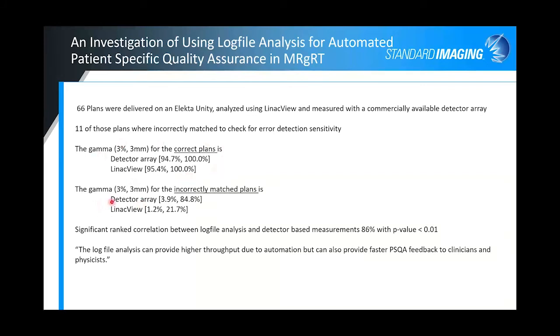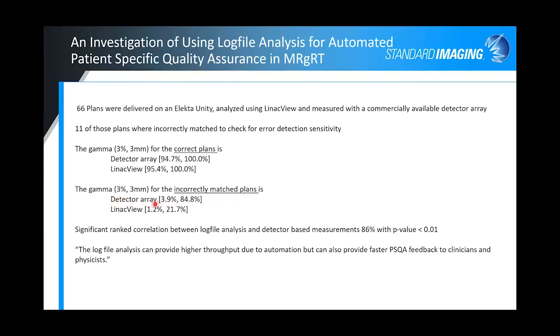But the one that's, of course, more interesting here is the incorrectly matched plans. In this case, say a day 1 plan is compared to the delivery from a plan on day 3 or even day 2.